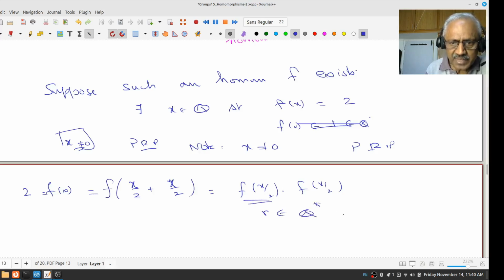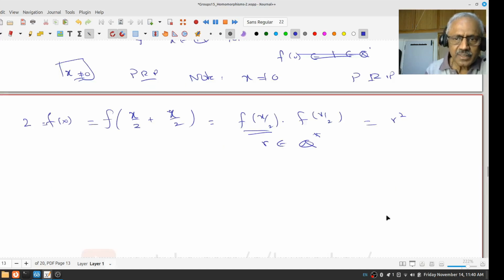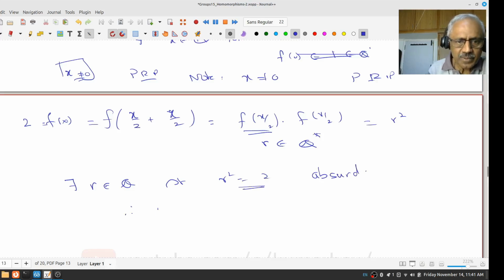In particular, it's a rational number. Therefore, this is r squared. So what did we do? There exists a rational number r such that its square is 2. This is a contradiction. Therefore, no such onto homomorphism exists.